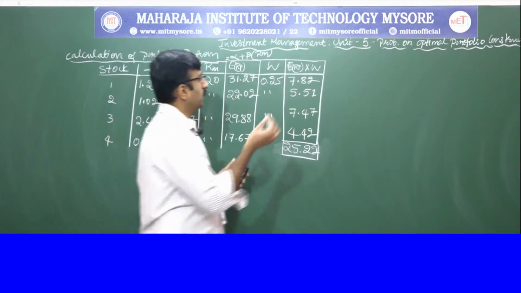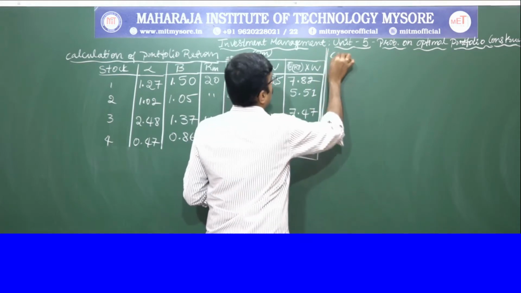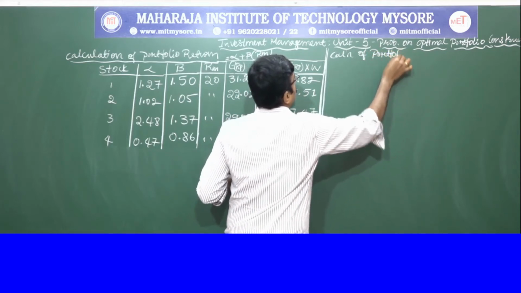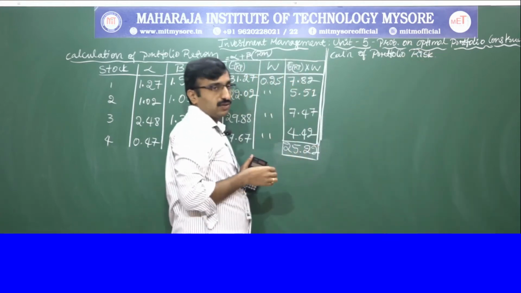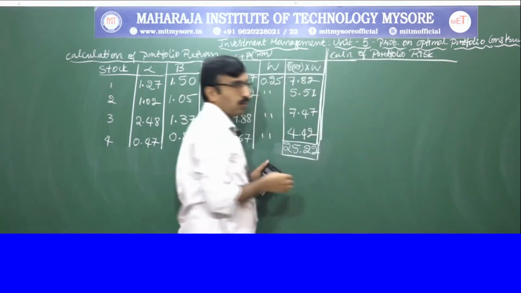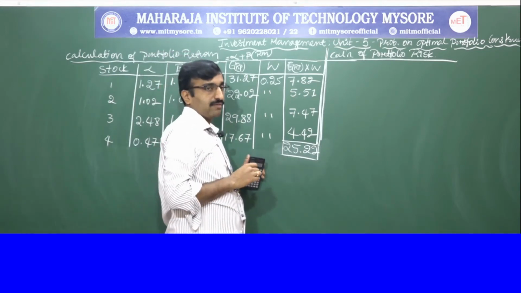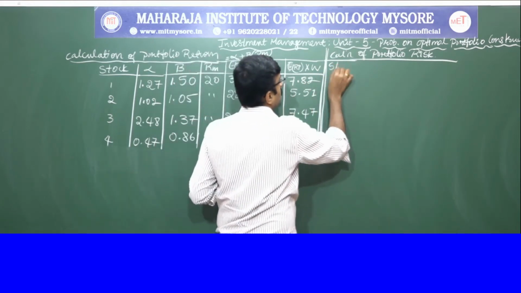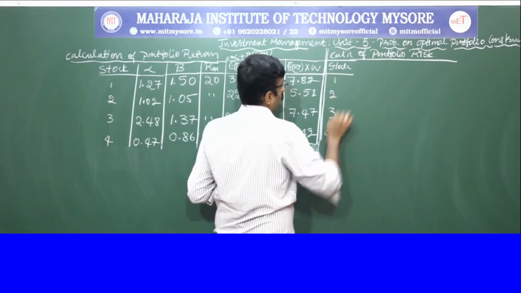So next, moving on to calculation of portfolio risk. After finding return, we go for calculation of risk. Stocks we have 1 to 4, the weights they have given, beta also they have given. So based on that we can go for the calculation. Take the stocks 1, 2, 3, 4.